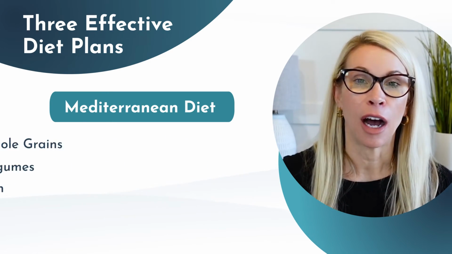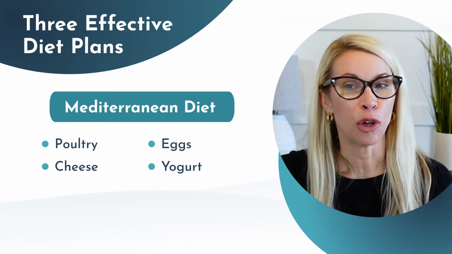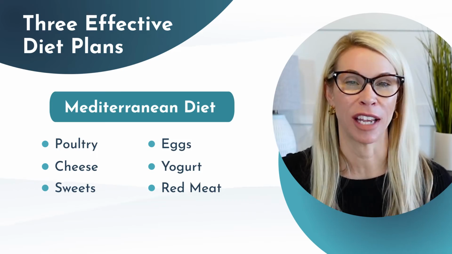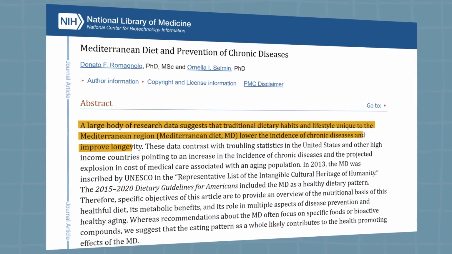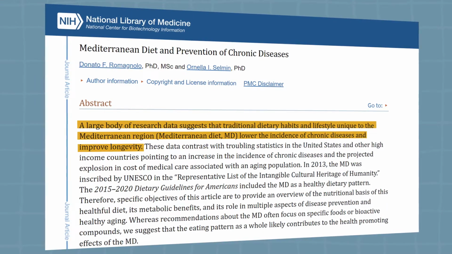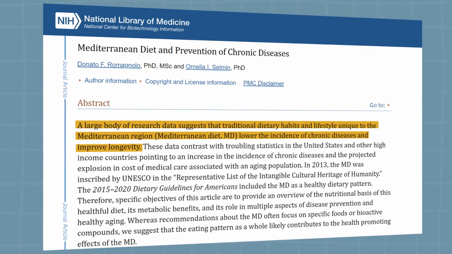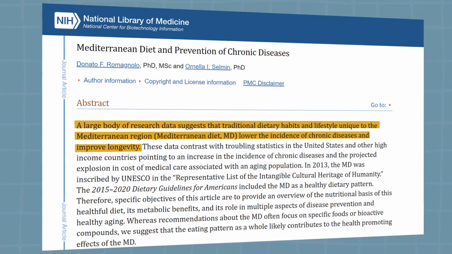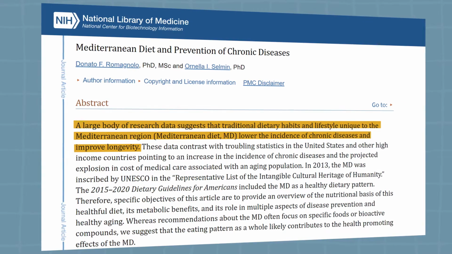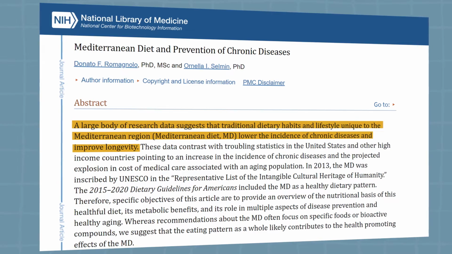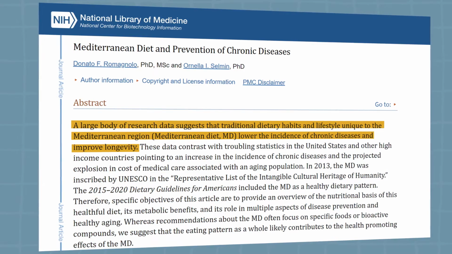Now, it does allow poultry, eggs, cheese, and yogurt in moderation, and sweets and red meat are saved for special occasions. Research very much supports following a Mediterranean diet. This diet is largely plant-based and does include many anti-inflammatory foods, which have been shown to reduce chronic diseases such as heart disease, diabetes, Alzheimer's, and cancer, and it can also help release some weight.